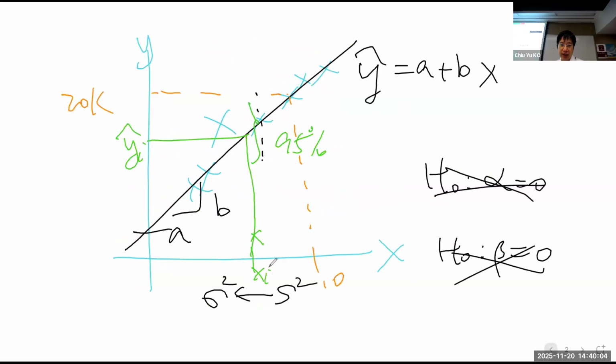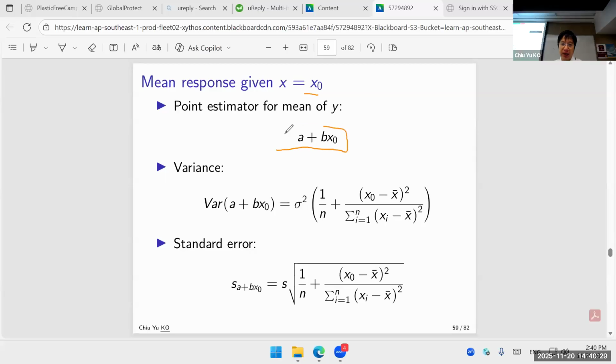If I give you x0, what is the predicted value? The y0 hat will be just a plus b x0. I give you any value, you times b plus a will be the prediction of y. This is if I give you any particular x0, the average of y is given by this one.